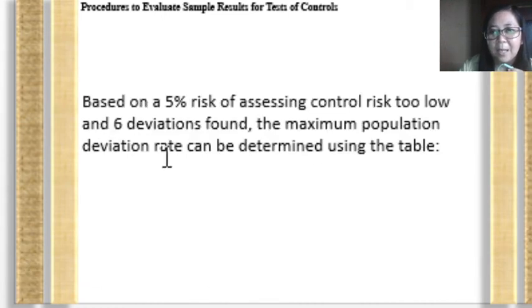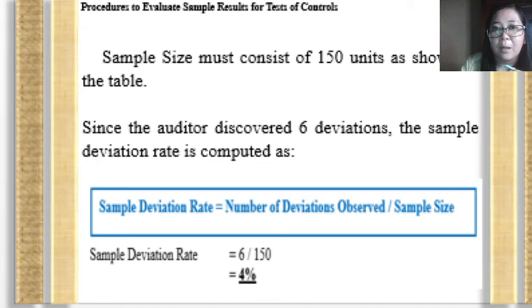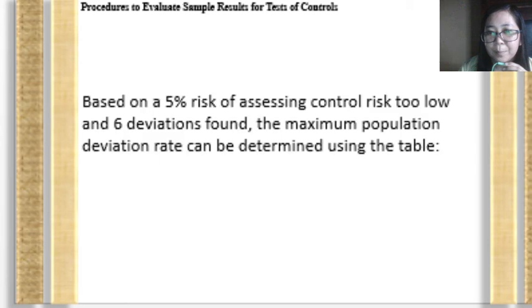Okay, next. Based on a 5% risk of assessing risk too low and with 6 deviations found, the maximum population deviation rate can be determined using the table. If you could still remember in our audit procedures to be applied, first the auditor will determine the sample deviation rate, and after which he has to determine the maximum population deviation rate.